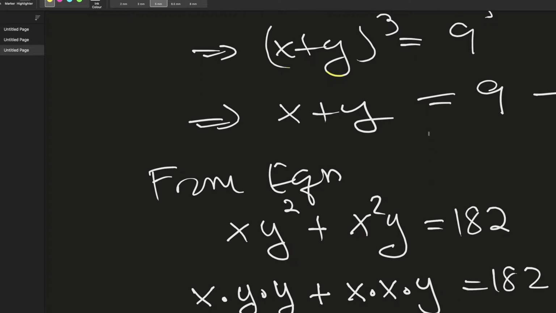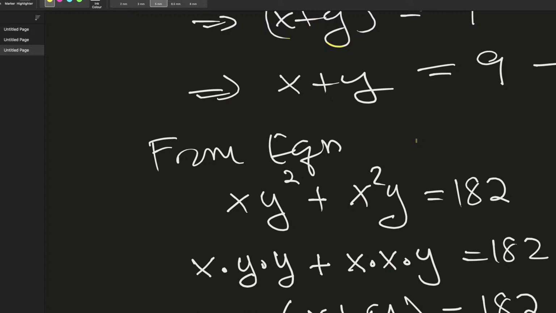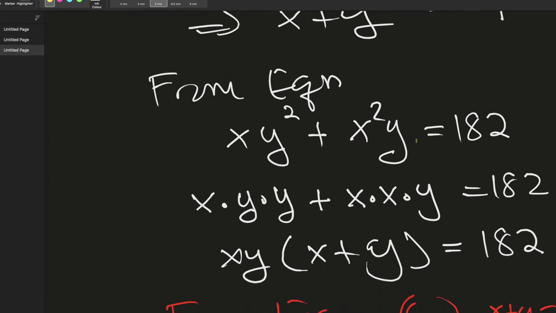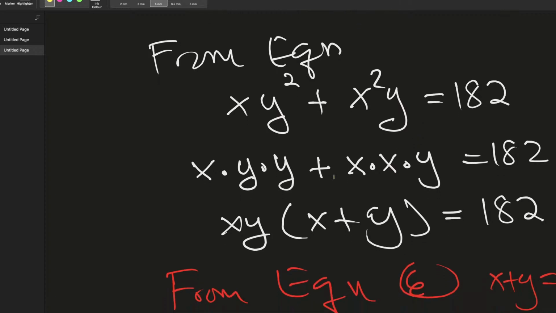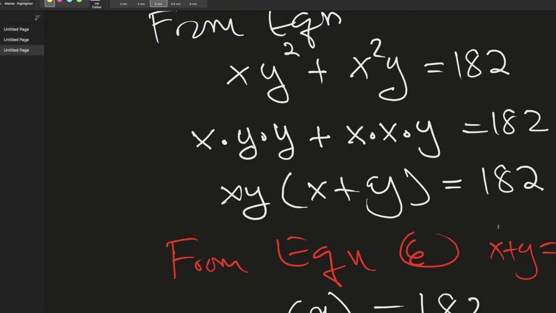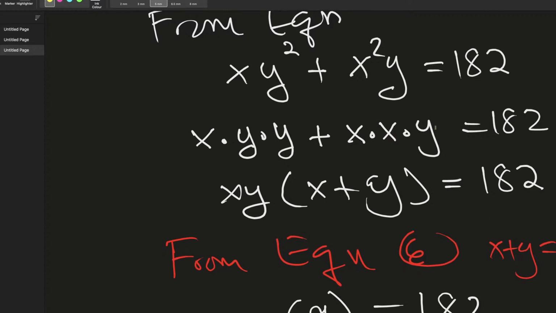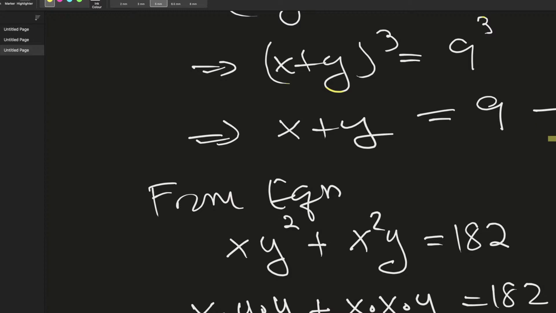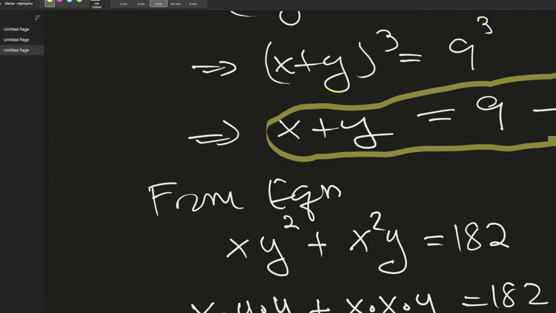So from the equation xy squared plus x squared y is equal to 182, when I further simplify it, I pull the xy out and get xy times (x plus y) equals 182. I say from equation 6, which one is equation 6? This is equation 6. Wherever I see x plus y, it will be equal to 9. Friends, you got to follow me. You see this?